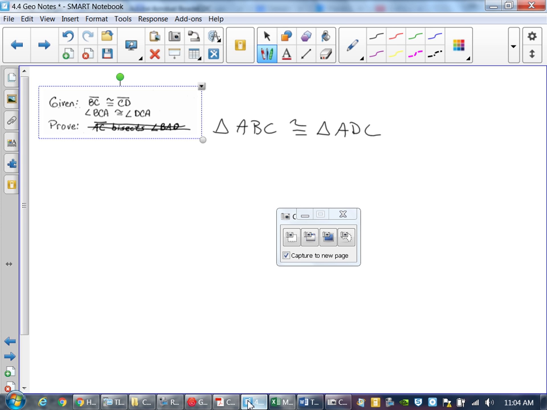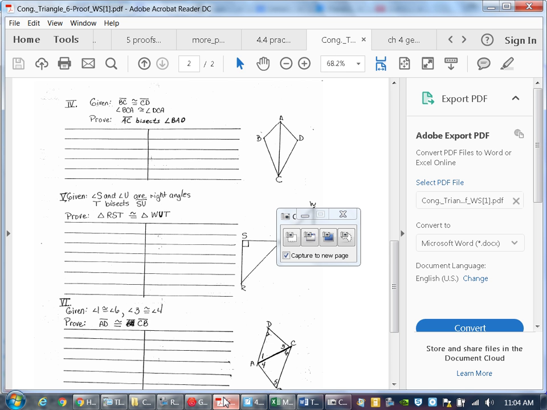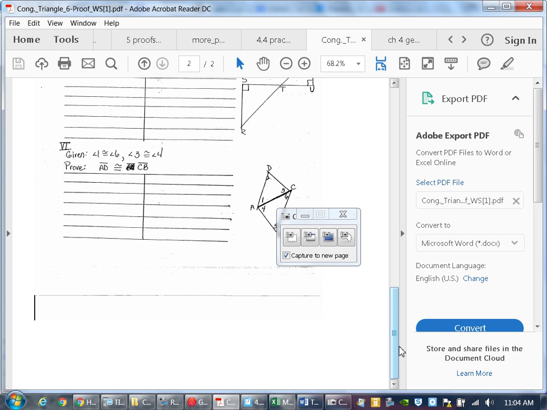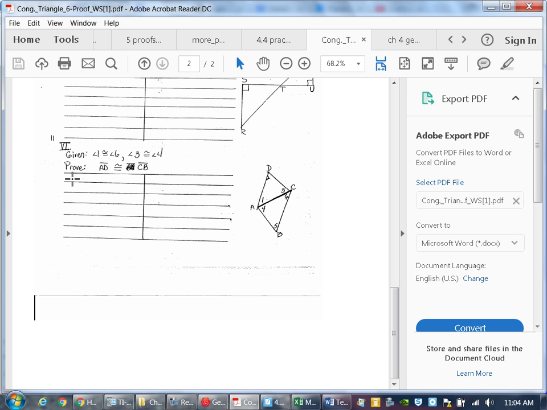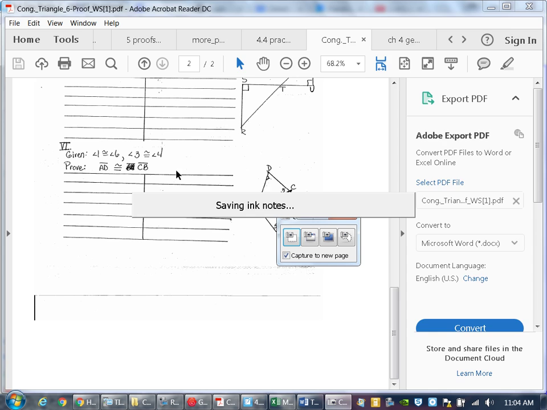I'm going to use the same 2 triangles for all of them, just so it keeps it the same. And I'll show you guys how to do that other step tomorrow. And then I think the 5th one's fine. The last one also, again, change it to ABC, ADC, okay?